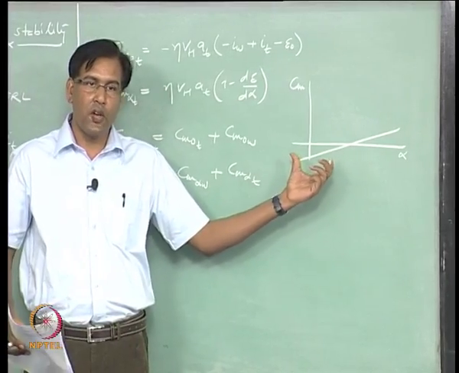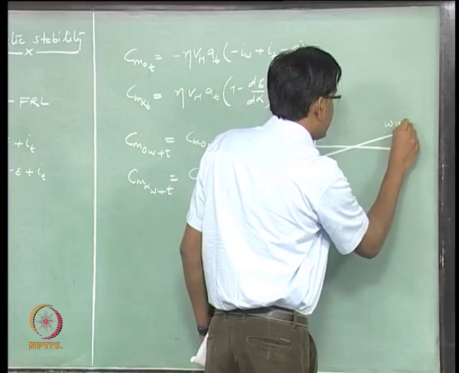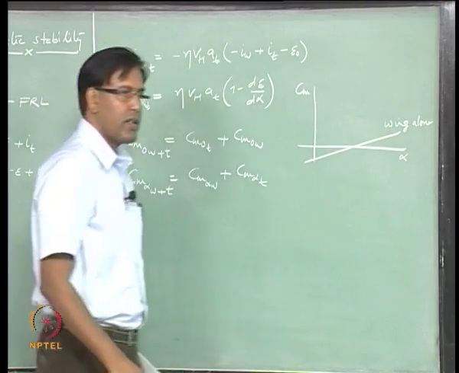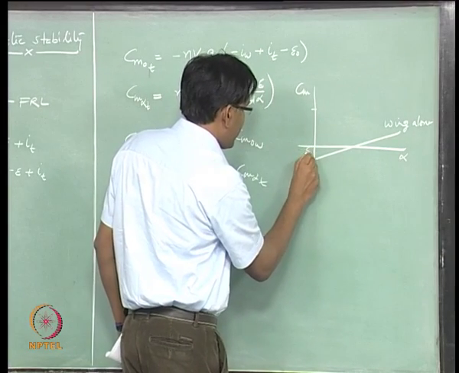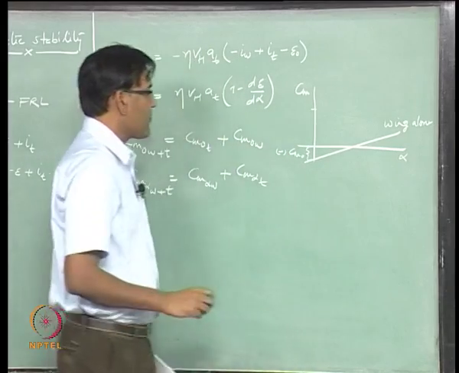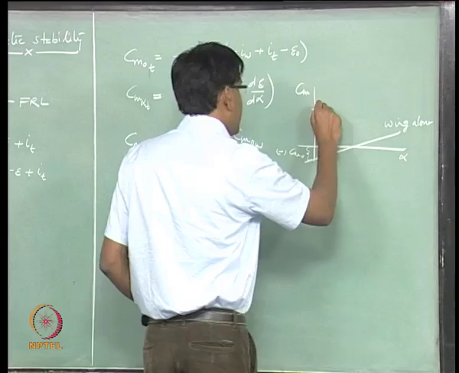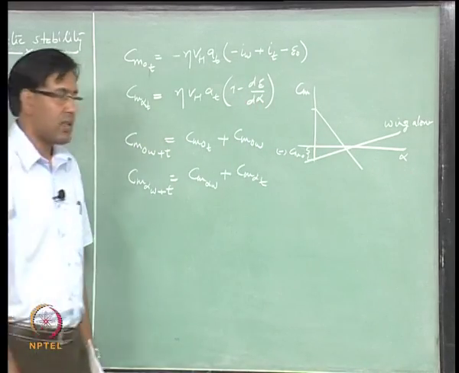This was the wing alone contribution to the Cm alpha curve, right. The tail alone contribution may be something like this, right.